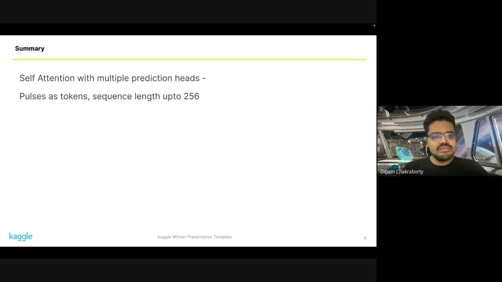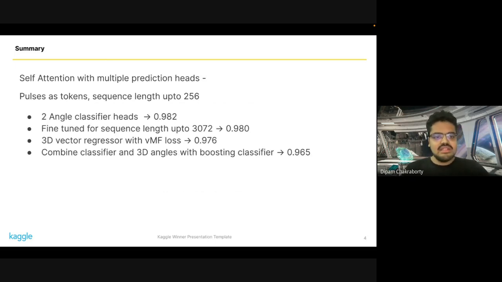In a bit more detail about the solution: the data is a sequence of pulses, and we know temporally when each pulse occurred and at which sensor location. All of those form one sequence that is passed to a transformer, and I take the length up to 256.